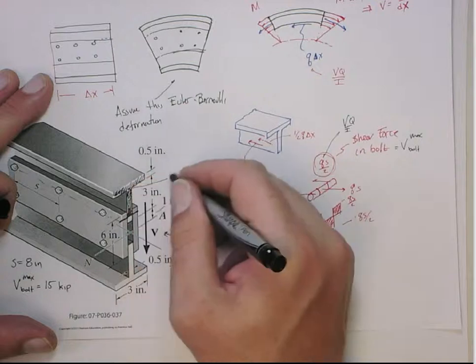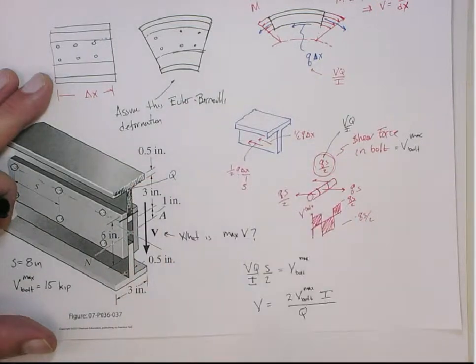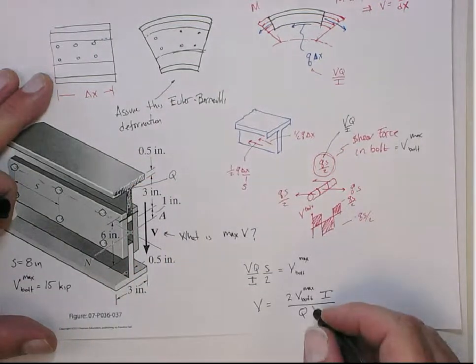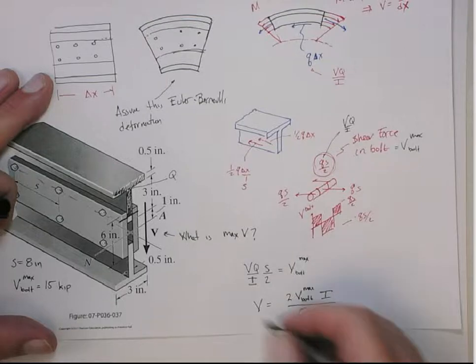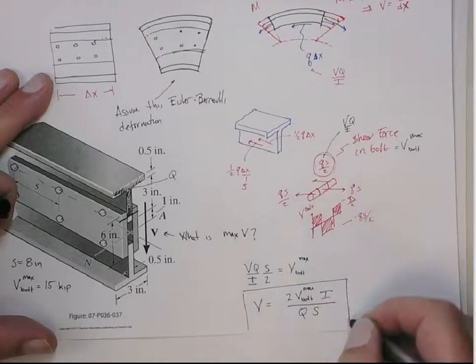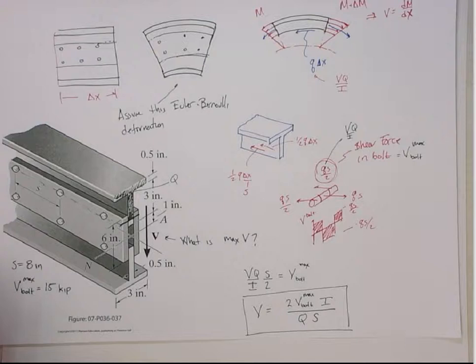This is the area we're going to use for Q, divided by S. So that's really it. All right. Now let's do the numbers. Okay.